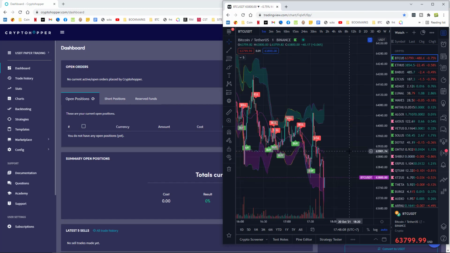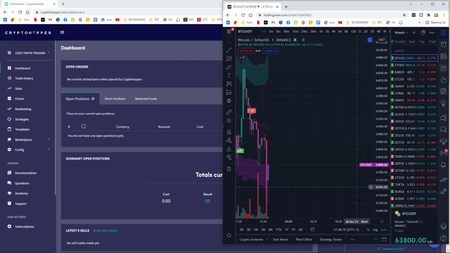We might get a buy any second, and when it does, it should be sent to my paper trading bot to buy.